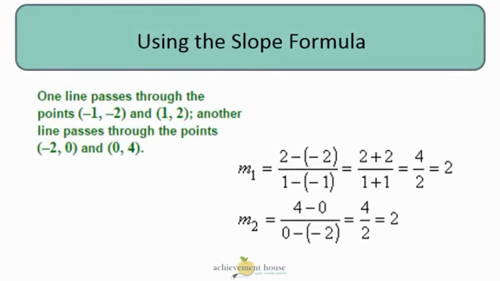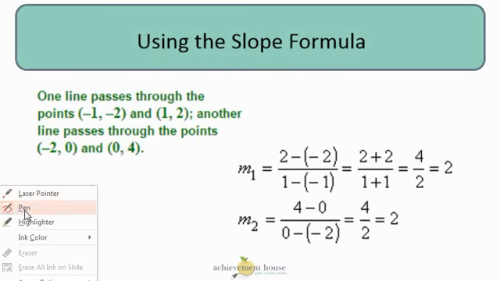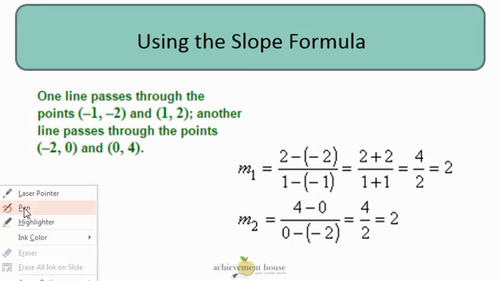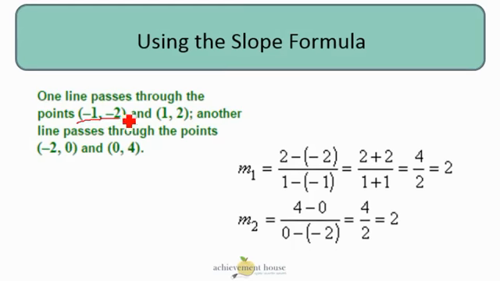Here we have an example of when two lines are parallel. If we have a line passing through (-1, -2) and (1, 2), and another line that passes through (-2, 0) and (0, 4), we're going to take the first.